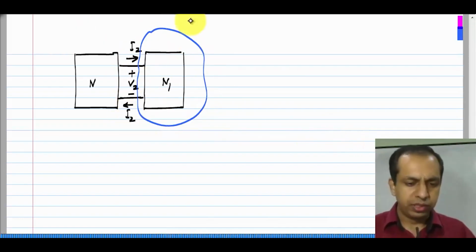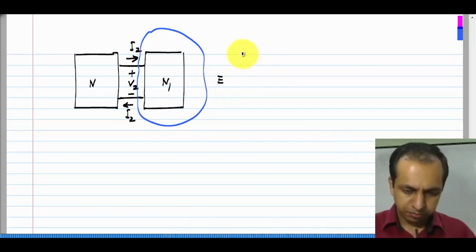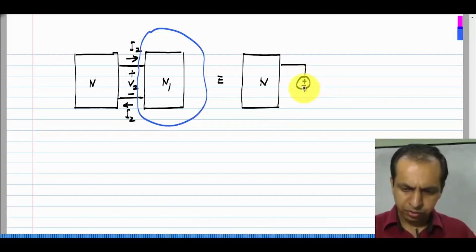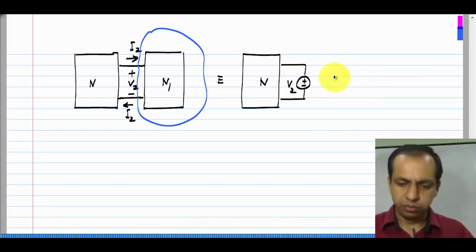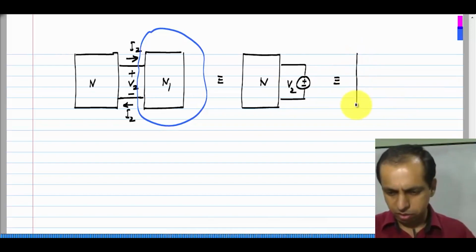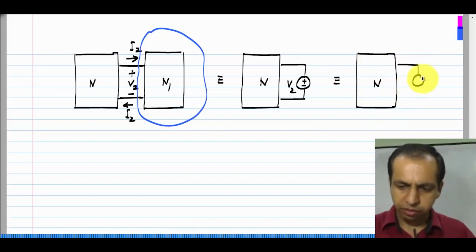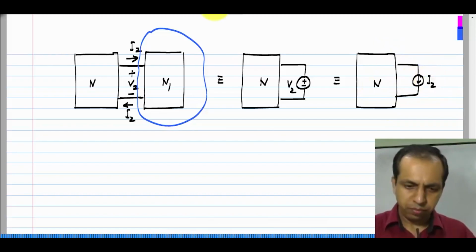Now, what I can do is, I can substitute this entire network N1 with a voltage source of value V2 or with a current source of value I2.